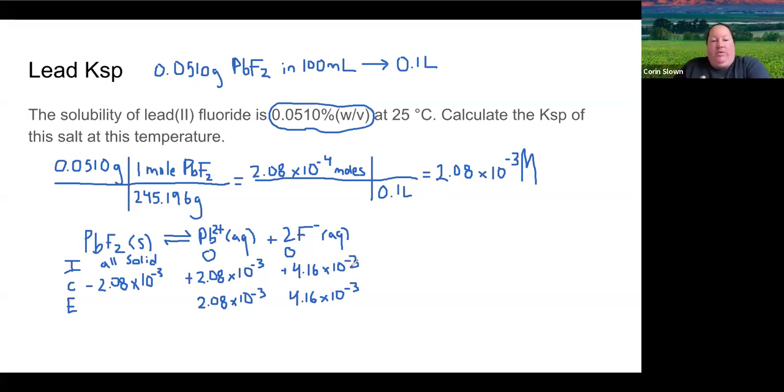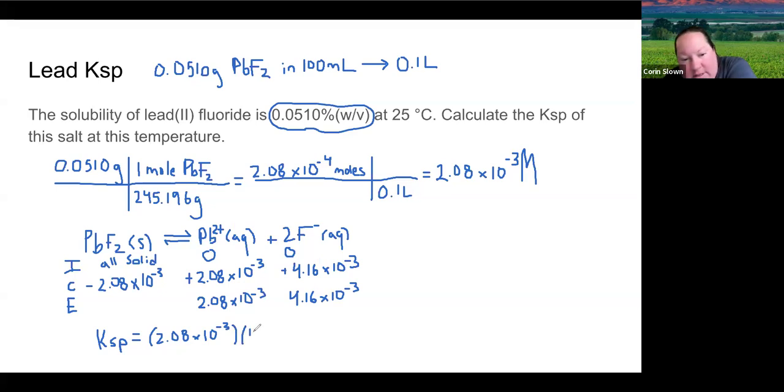Okay, so we have this beautiful ICE table that we just set up. That's going to be what helps us set up our Ksp expression. So Ksp in this case is going to equal 2.08 times 10 to the negative third, and that's to the first power, although we don't write it.